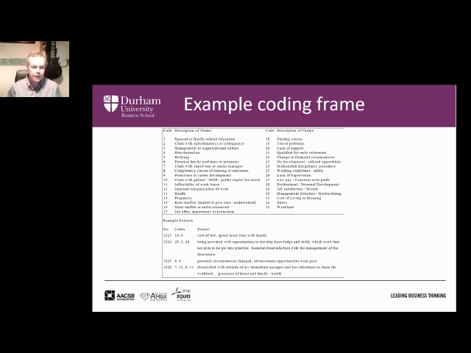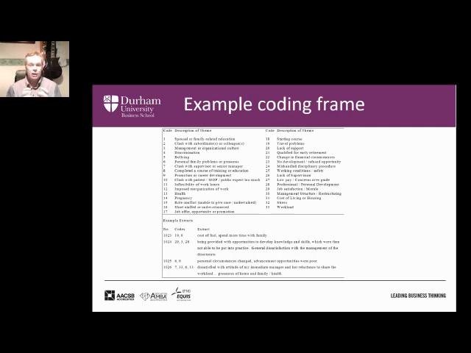So if we look at just the first example, number 1023, codes 196, the extract from a document such as an exit interview might say cost of fuel, spend more time with family. And then if you look at the codes in the coding frame, 19 is travel problems on the top right, and 6, some way down on the list on the left, is personal family problems or pressures.